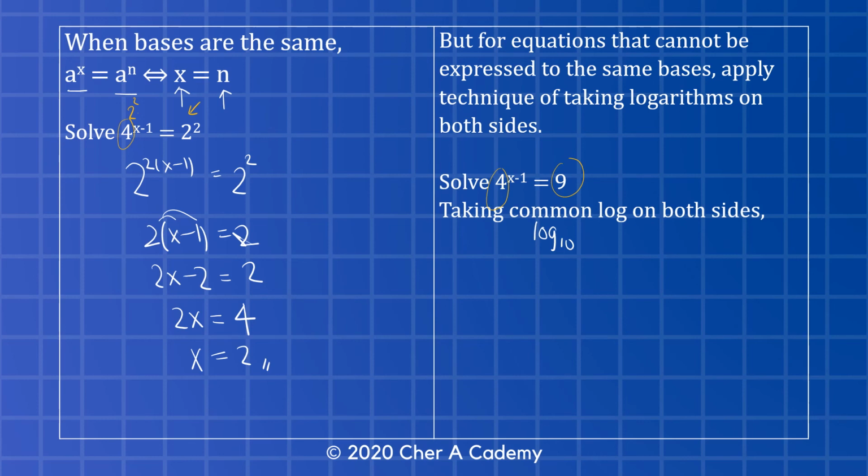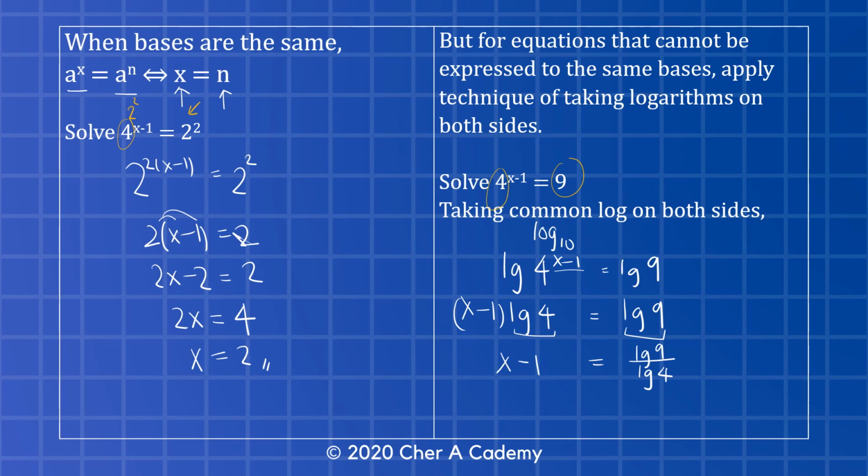So I'll log both sides. I have a power here, so using the power law, I bring down the power. I have (x minus 1) log 4 equals log 9. Don't be afraid of log 4 and log 9. They are values if you key in the calculator. So I'm going to bring the values to the same side: x minus 1 equals log 9 over log 4. I'll then have x equals log 9 over log 4 plus 1.